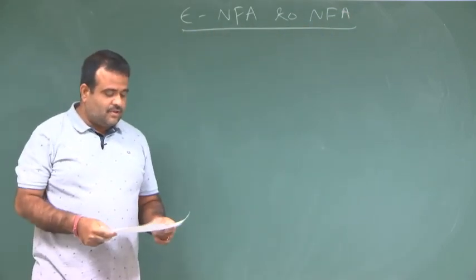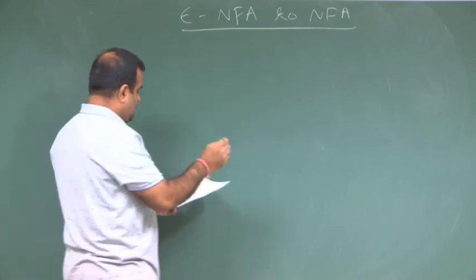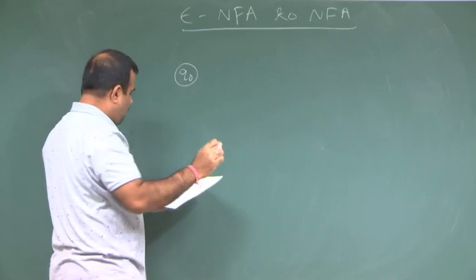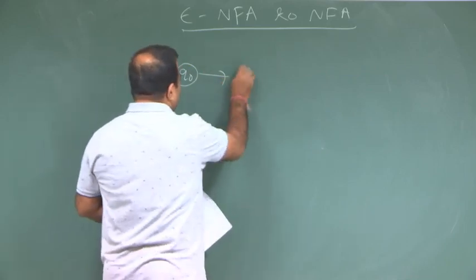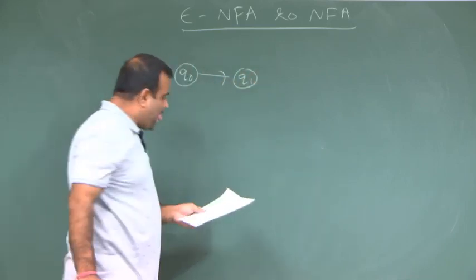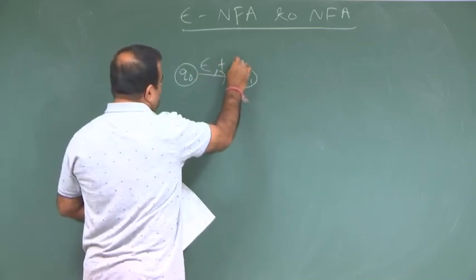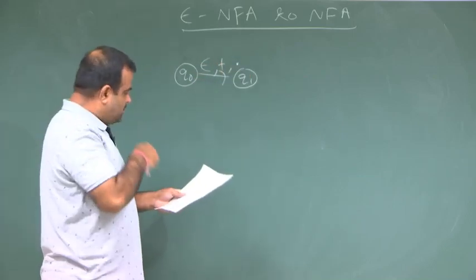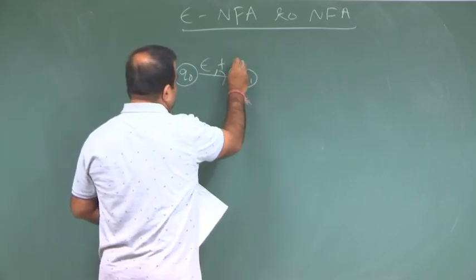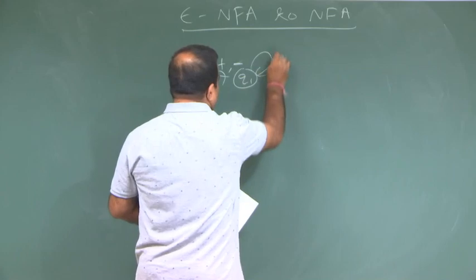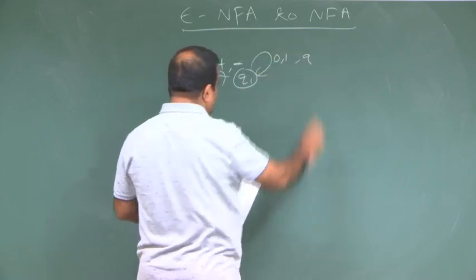So, this example we have seen. This is basically Q0, then we have Q1, we have epsilon, plus, or minus. Sorry, this is not dot, this is minus, and if we have a digit, 0 to 9, we will be hopping there.